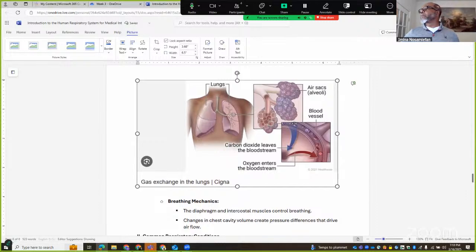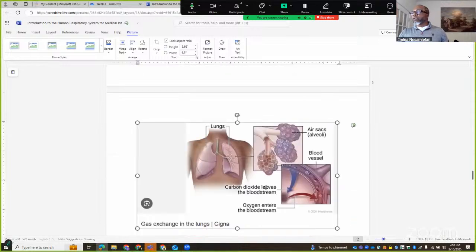Okay, this is what's happening. All right. So carbon dioxide leaves the bloodstream. Okay. And oxygen enters the bloodstream, blood vessel. So this was happening in the lungs. Okay.